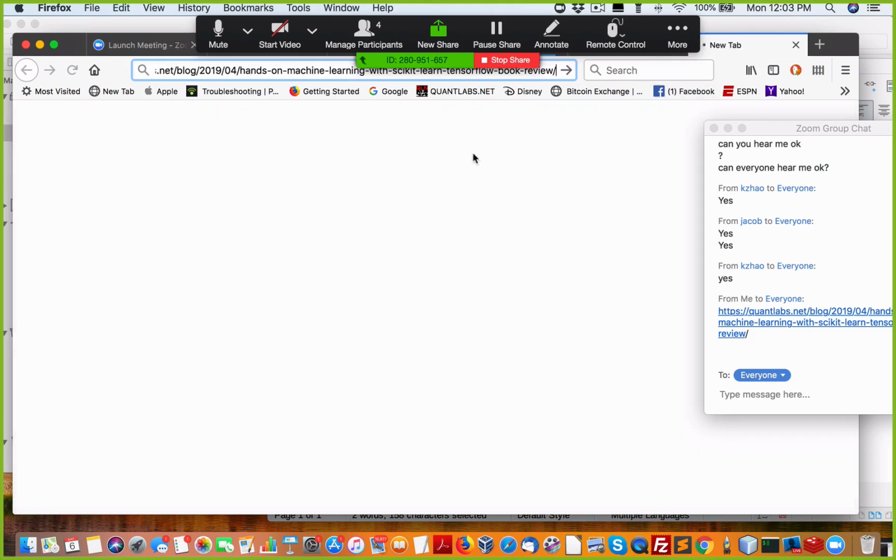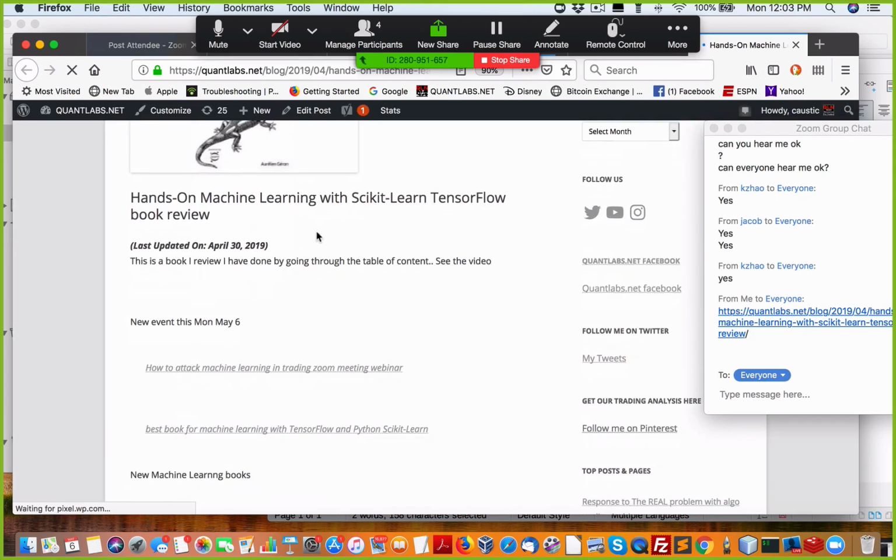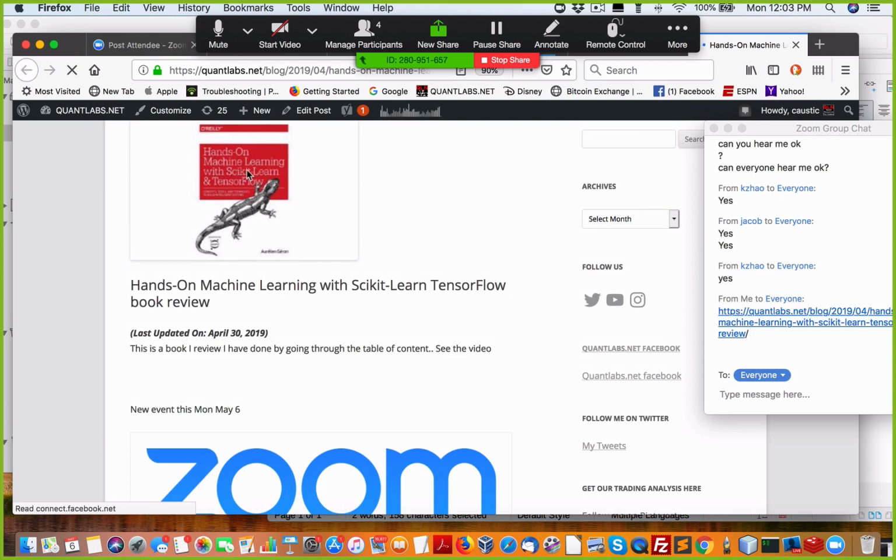I cannot speak more highly about it. It's probably one of the most popular resources out there. Apparently on Amazon, it's highly regarded. So this is the book. It's called Hands-On Machine Learning with Scikit and TensorFlow.